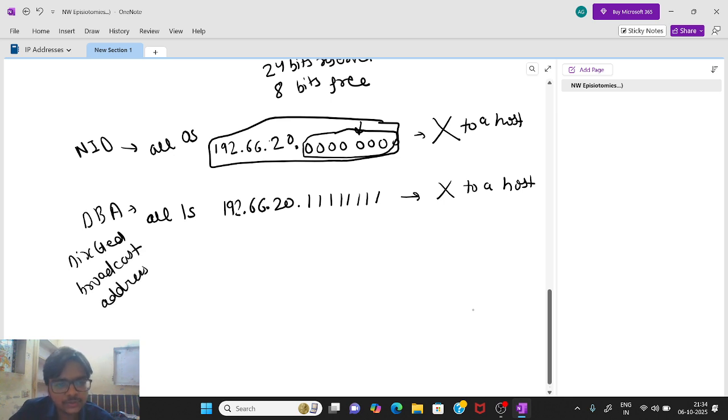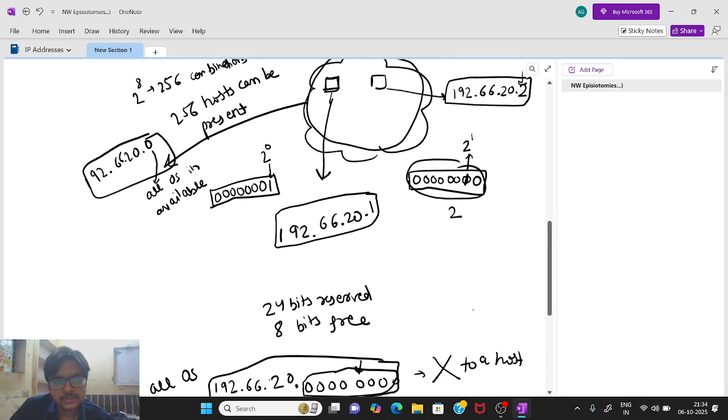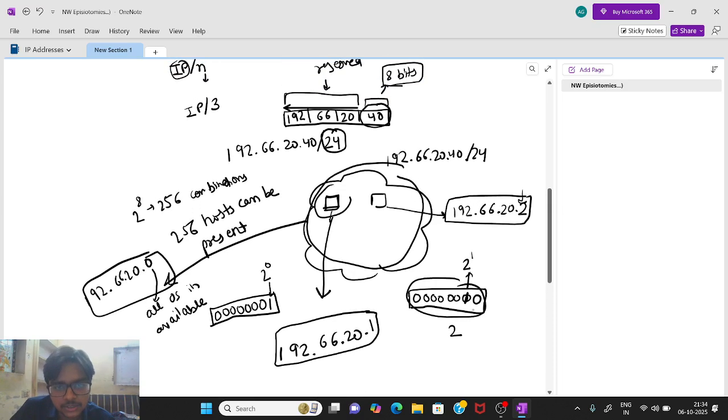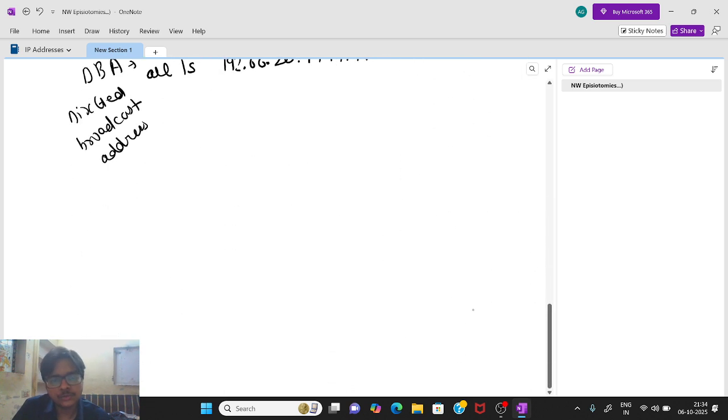Now this address is used to denote all the hosts within the network. For example, if this host wants to send data to all the hosts within this network, it won't need to know the IPs of all the other hosts.